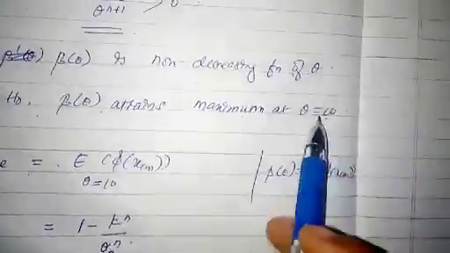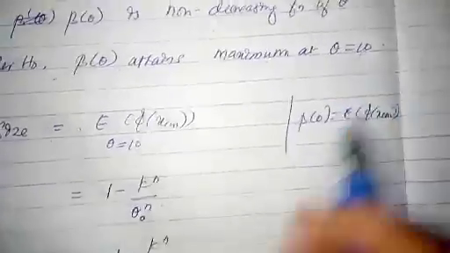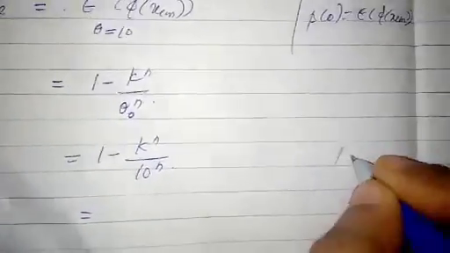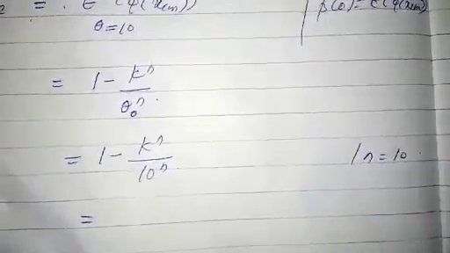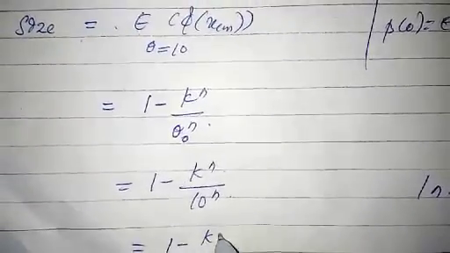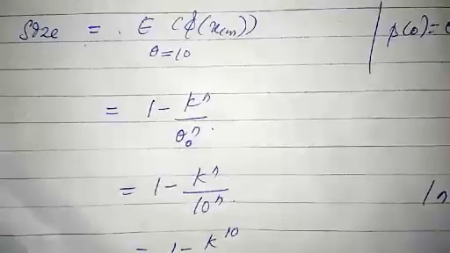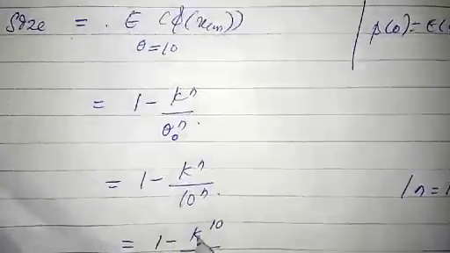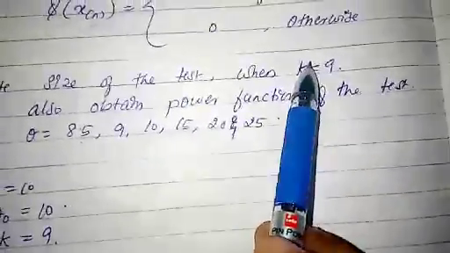Theta naught is 10, so 10 to the power n. In the problem, the sample size n equal to 10 is given, so we can substitute that value: 1 minus k power 10 divided by 10 to the power 10. Here also k is given in the question.